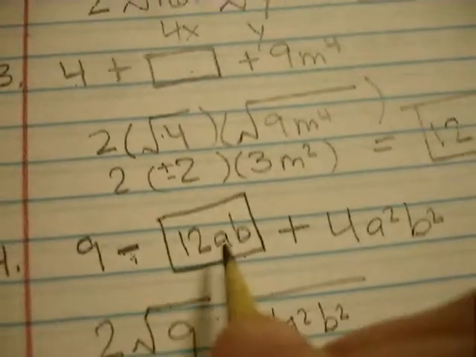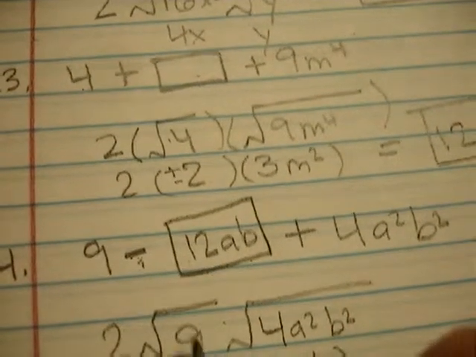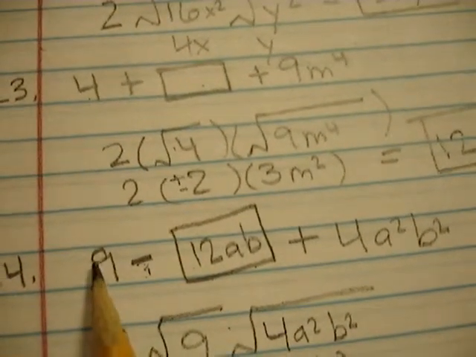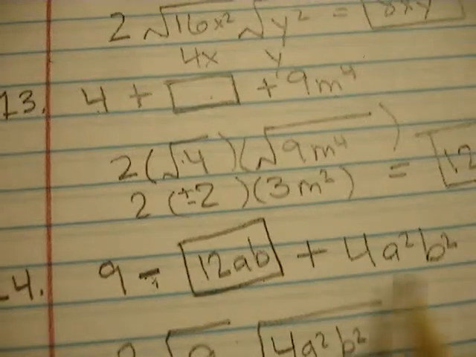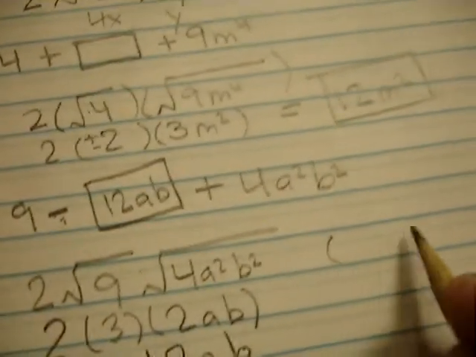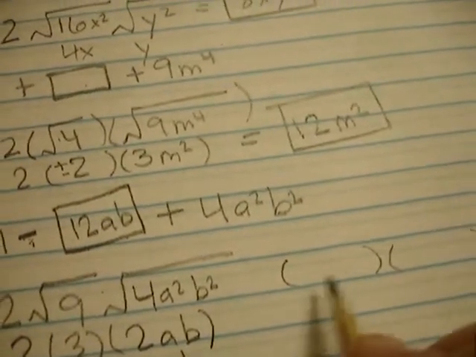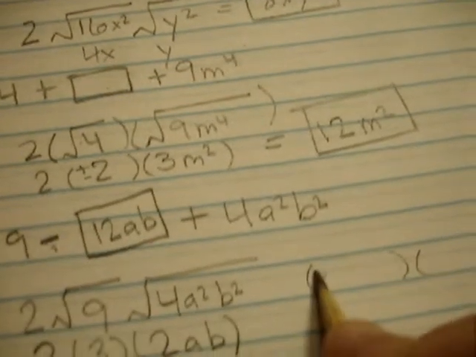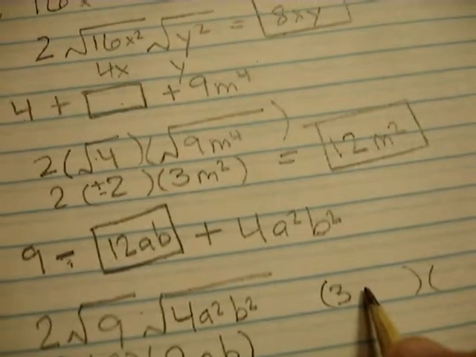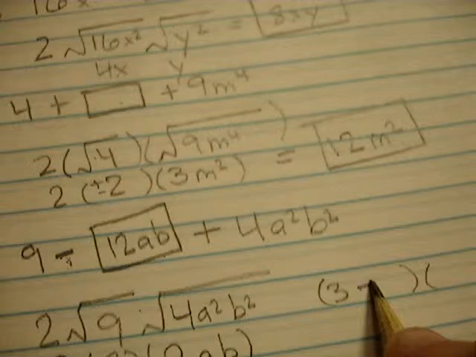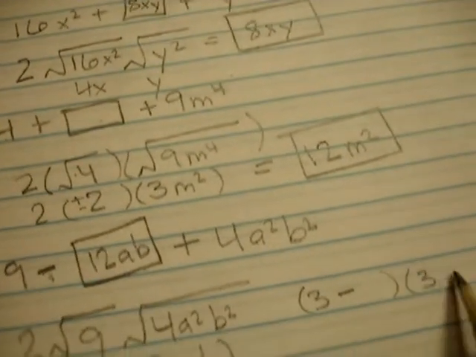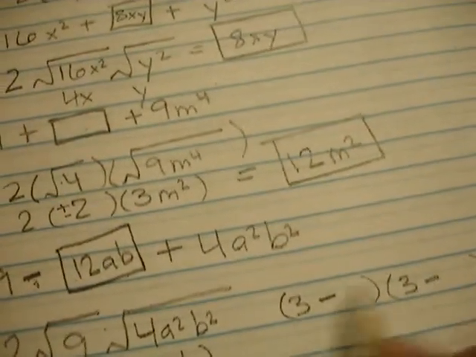I didn't have to worry about how they made that negative 12ab. If I were finding one of these, I'd have to worry about what my sign was in here. There would have been a minus sign. This is a perfect square, so they're the same thing in each parentheses.